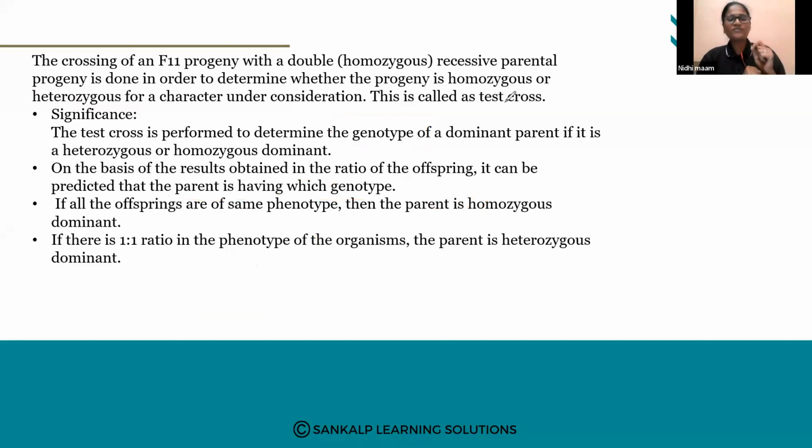If all the offspring are of the same phenotype, tall, then the parent is homozygous dominant. If there is 1:1 in the phenotype, one tall and one dwarf, we should understand that it is in heterozygous condition, right?